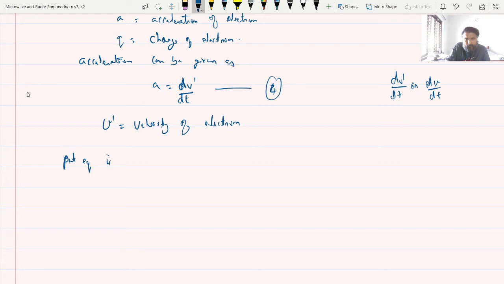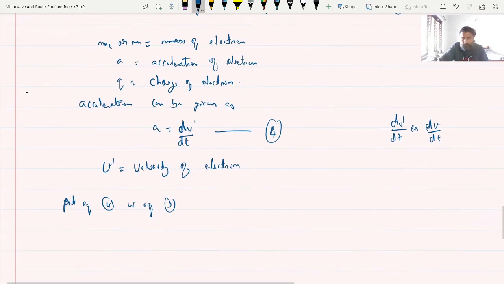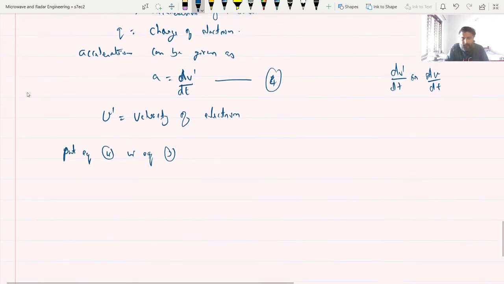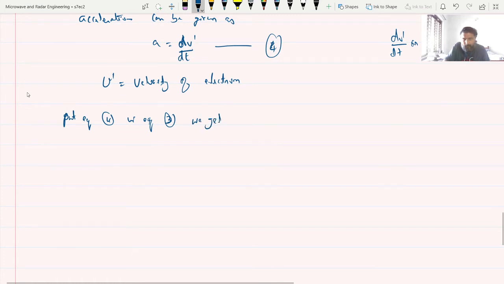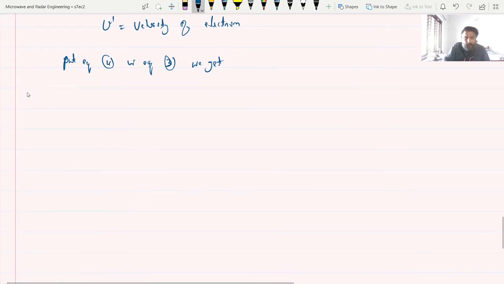Now put equation 4 in equation 3. Equation 3 you know, that is me into a. Put equation 4 in equation 3, we get me dv dash by dt is nothing but minus q E1 sin(omega t minus beta p of z).